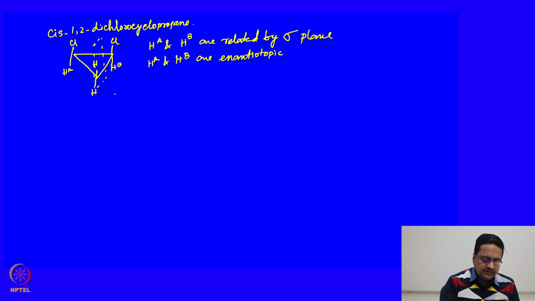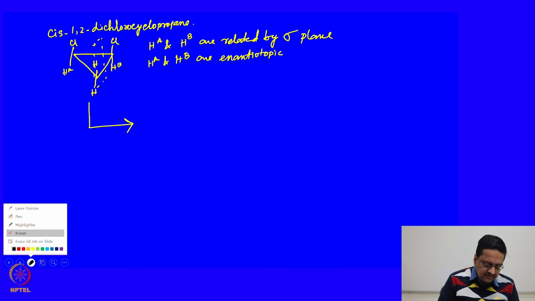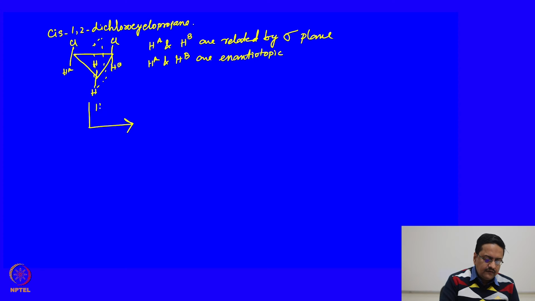So now if we try to simply replace HA and HB by a different group, if we try to replace this HA or HB by a bromine, we would generate two compounds which I am drawing now.